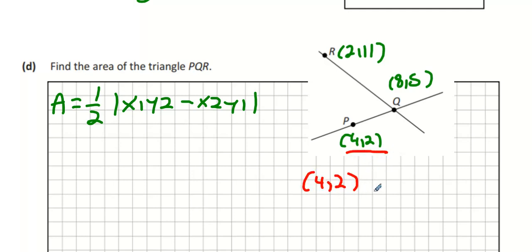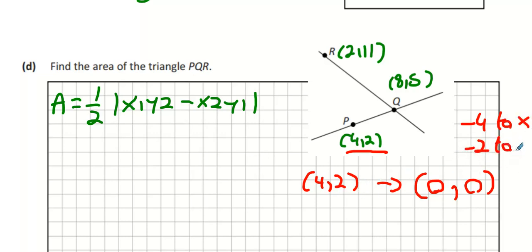You can change any of the points to (0, 0); I just decided to choose (4, 2). To change 4 into 0, I add minus 4 to x, and to change 2 to 0, I do minus 2 to y. Now I have to move the other 2 points in the same direction.